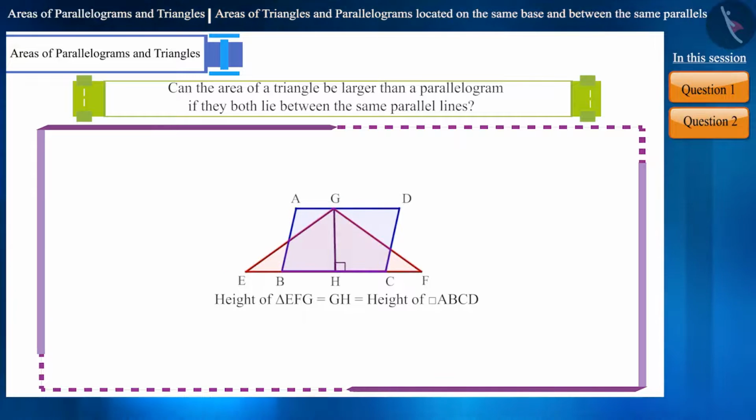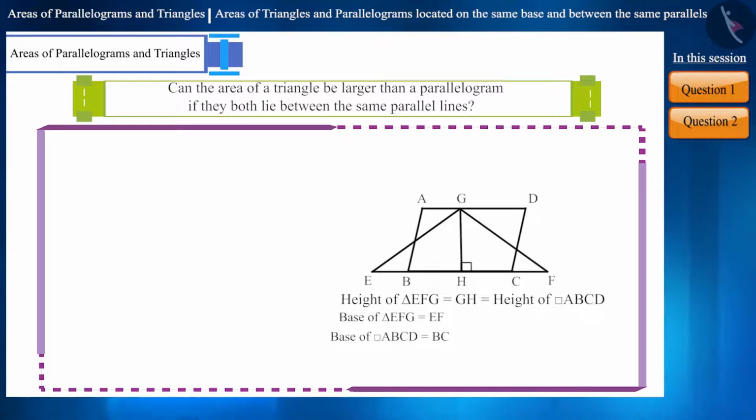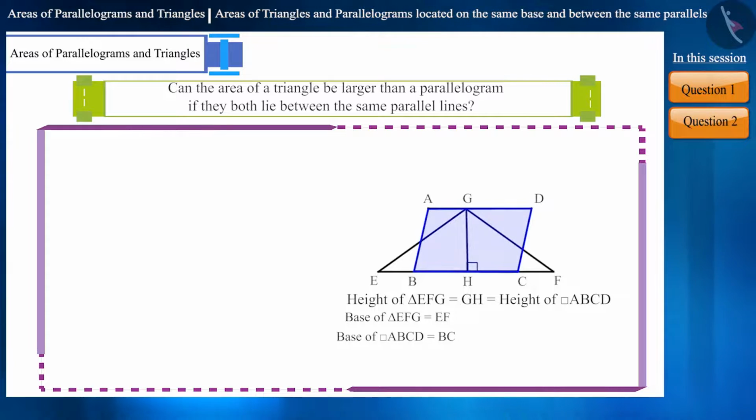Since these shapes lie between the parallel lines AD and EF, the height of both will be equal, which is GH. Therefore, their area will depend on their base. The height of both quadrilateral ABCD and triangle EFG is GH. The area of a triangle is half multiplied by base multiplied by height.